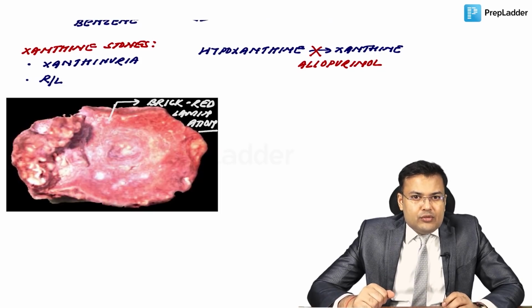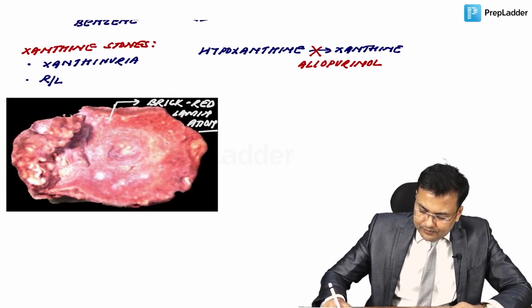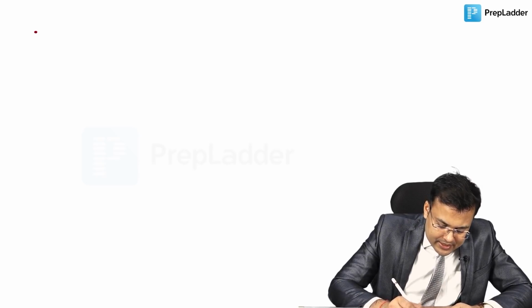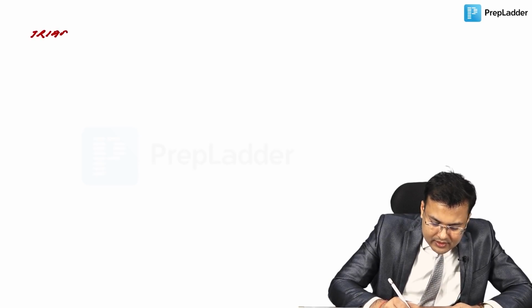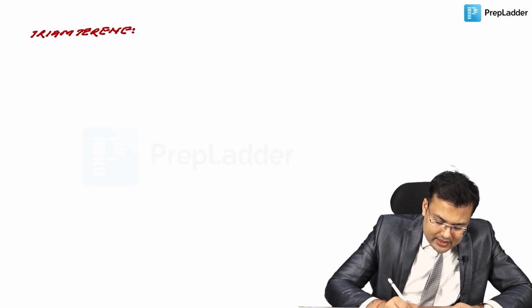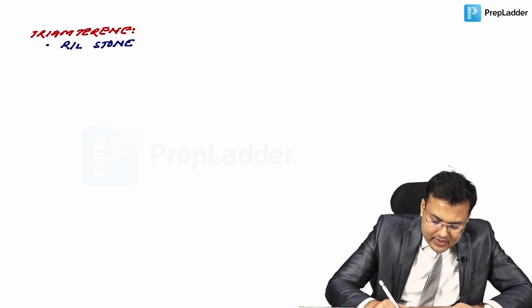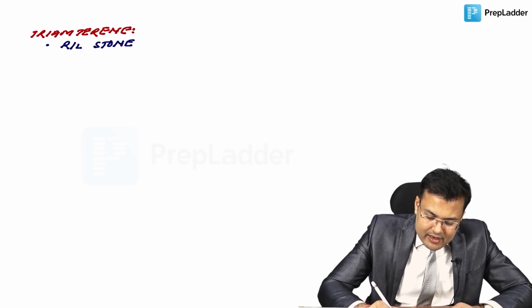So what are the drug induced stones? See, triamterene stone. Triamterene is a potassium sparing diuretic and it leads to formation of radiolucent stone. Clear? Second is indinavir.